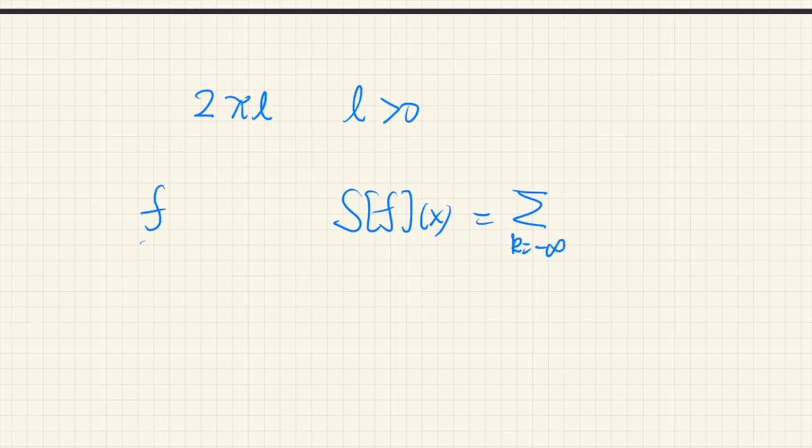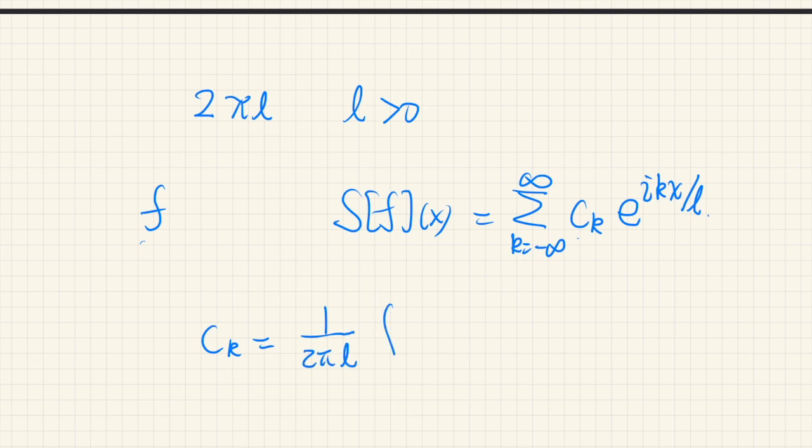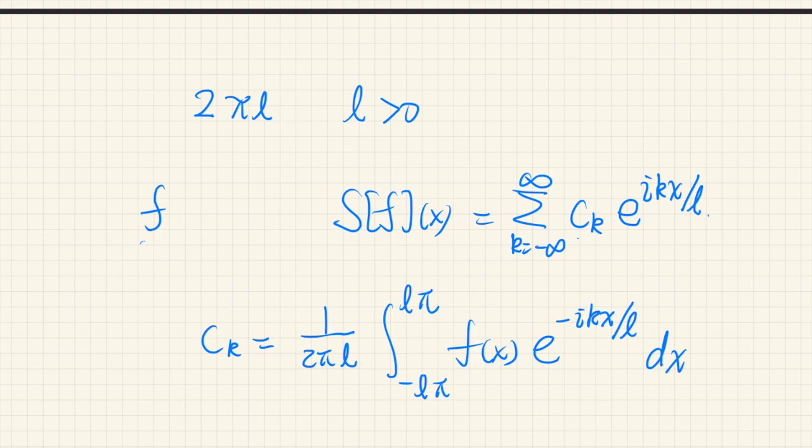The sum over k from negative infinity to positive infinity of c_k times the exponential of ikx divided by L. And of course, c_k is the Fourier coefficient, and in this case we define it as 1 over 2 pi L instead of 2 pi, and integrate from negative L pi to L pi the function f of x times the exponential of negative ikx over L dx.